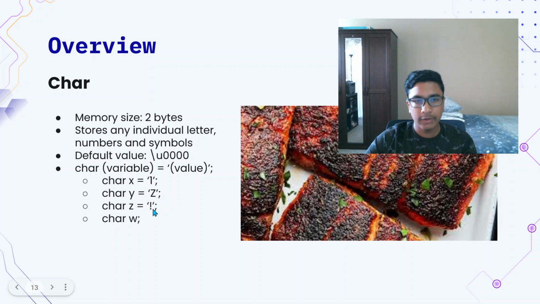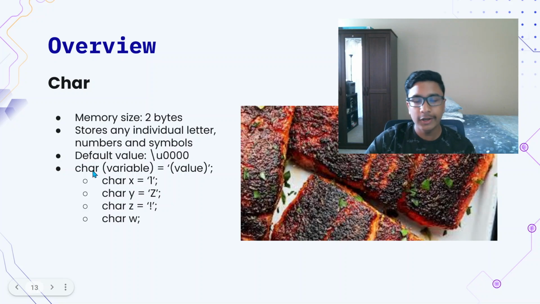An exclamation mark will also have a Unicode. This Unicode does not have any specific letter or number. It's simply the default value, and it's essentially useless unless we want to set up a basic value for char. And char w will be set to Unicode 0000.